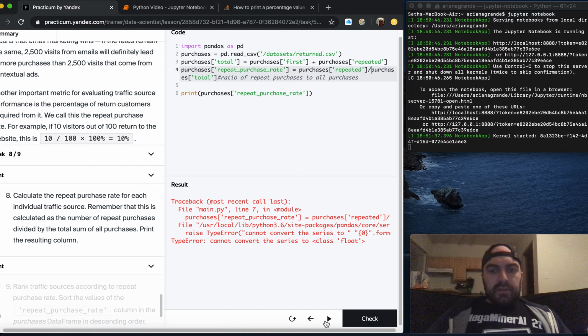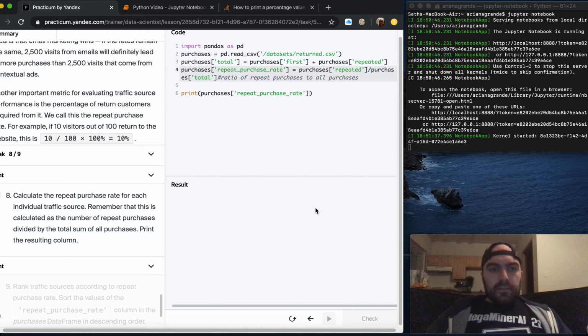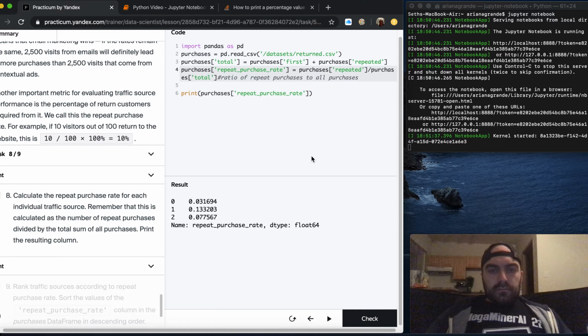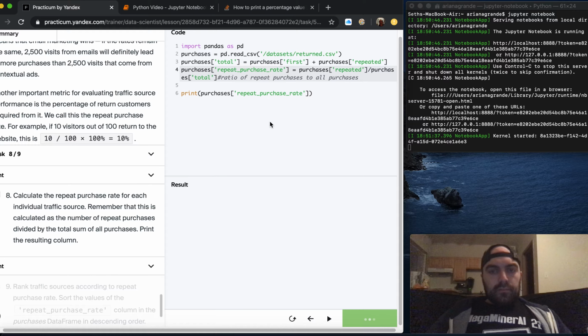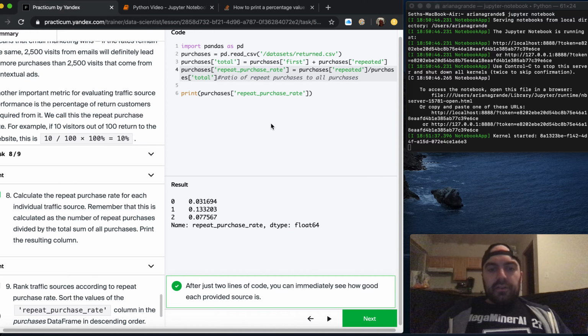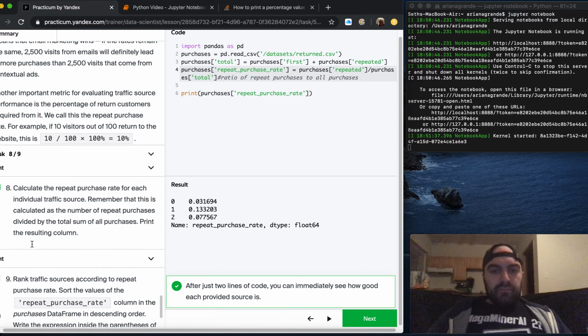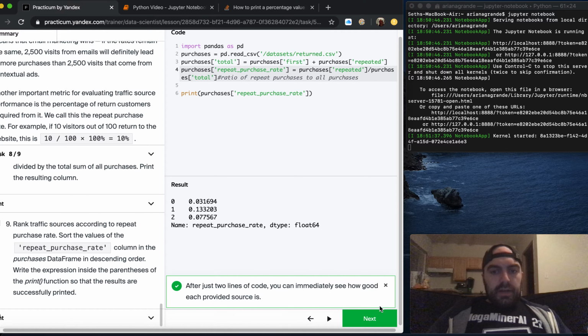Let's just see what this gives us, and I have a feeling it'll be, I guess it already automatically cast it for us, so that's nice. We'll check it. I think you can do dot astype float, and it'll do the same thing with pandas, but. Okay, next.